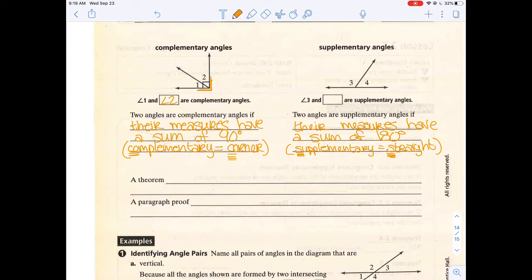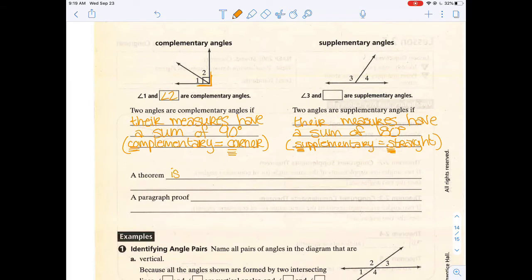So then we need to talk about what a theorem is. A theorem is a statement that you prove is true or false. The theorems we talk about have already been proven true. So a theorem is a statement that you prove is true. A paragraph proof is written sentences, right?